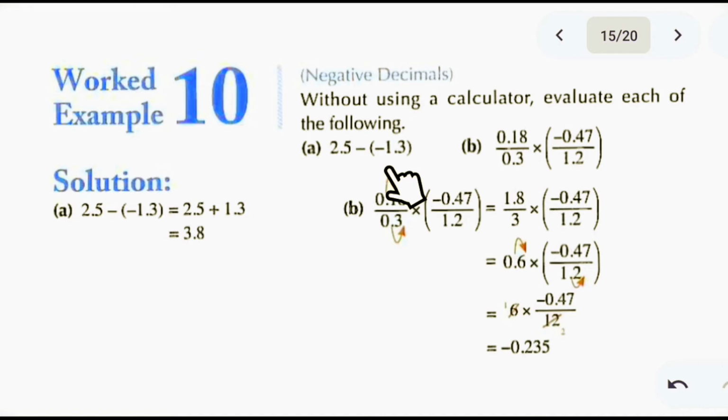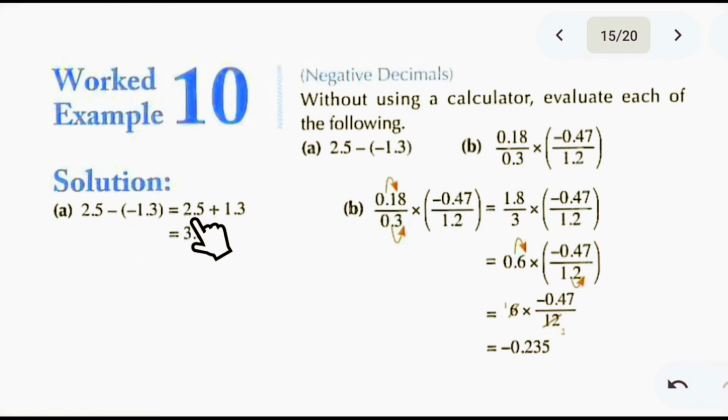Now in worked example 10, we have the concept of solving numbers with negative decimals. In part A we have the question 2.5 minus bracket start minus 1.3. What we have to do is first solve these signs.